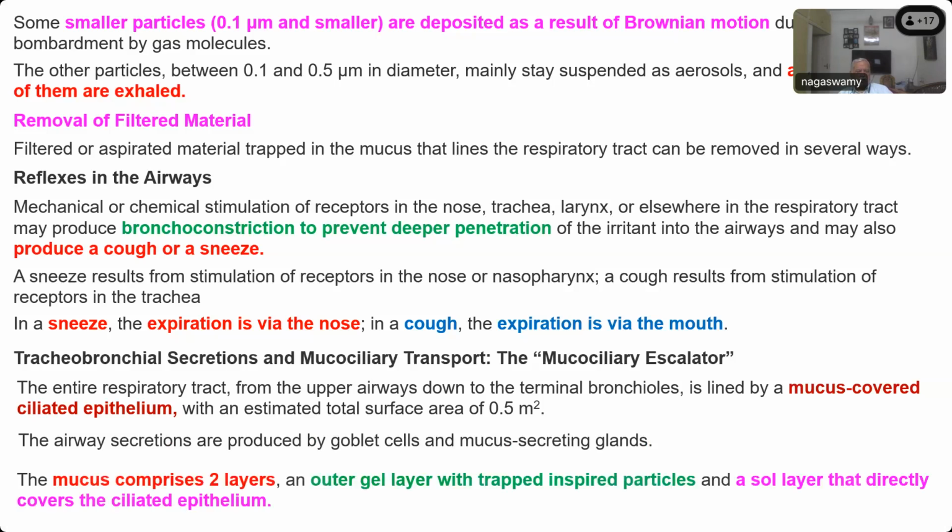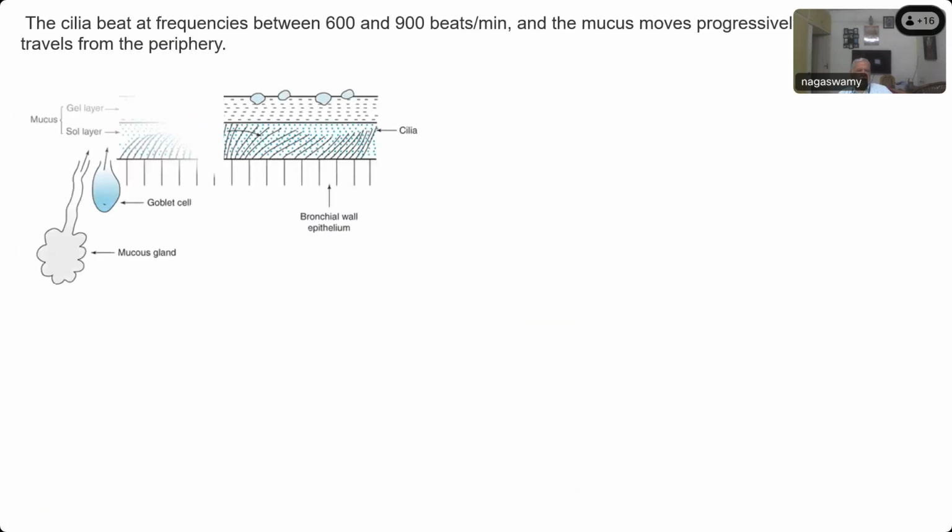And the mucus comprises two layers: an outer gel layer which traps the particles which are inspired, and the sol layer that directly covers the ciliated epithelia. The cilia beat at a frequency of 600 to 900 beats per minute. So the mucus moves progressively faster as it travels from the periphery towards the center.